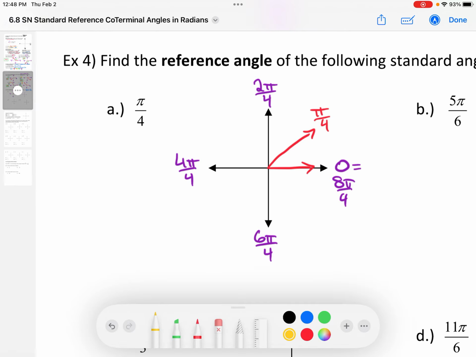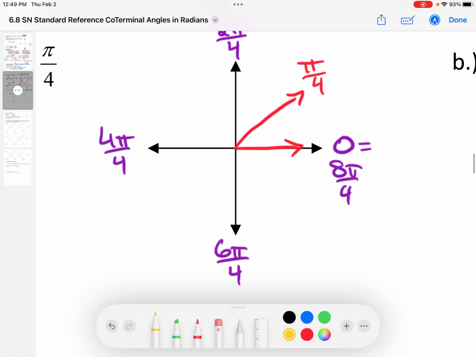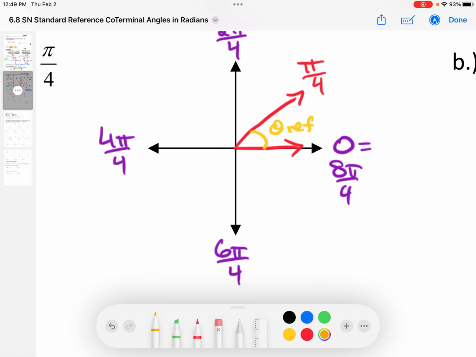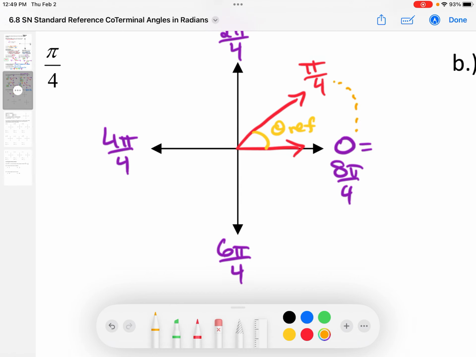Okay? Now, the reference angle always goes to the x-axis. From wherever our angle terminated to the x-axis is our reference angle. So, that reference angle is pi over 4, because from 0 to 1 pi over 4, that is a measurement of pi over 4.